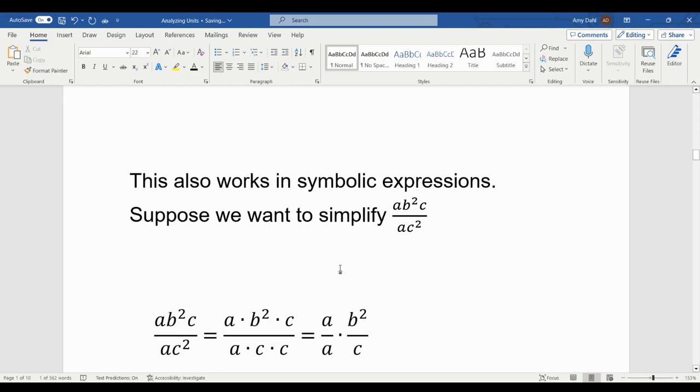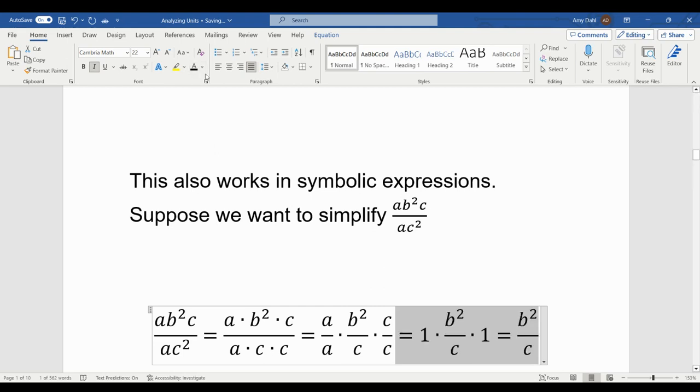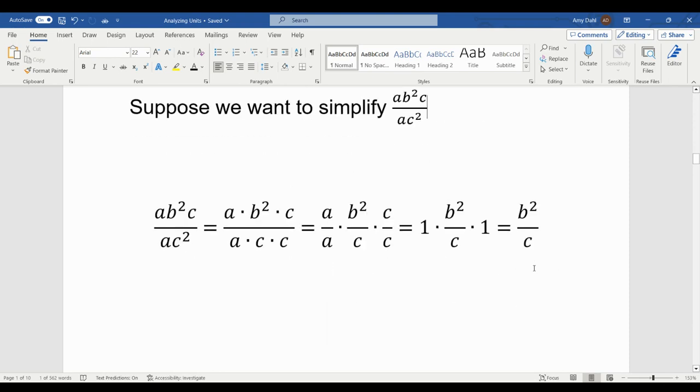So that's equal to a over a times b squared over c times c over c. But that, of course, is just equal to 1 times b squared over c times 1, or b squared over c. So we were able to remove one factor of c and a from both numerator and denominator.